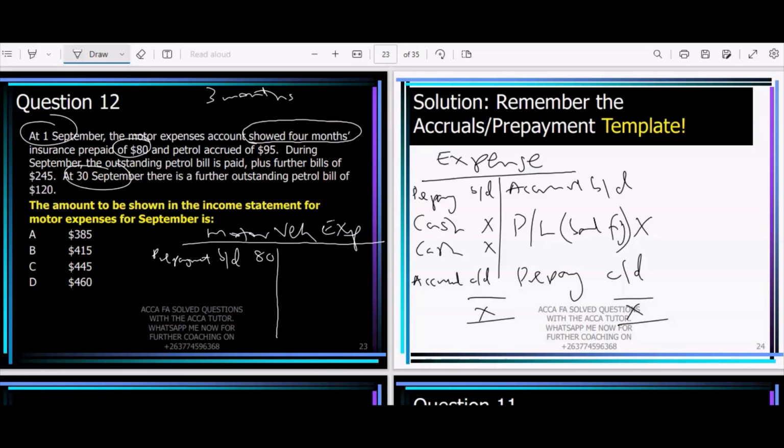If 4 months were worth $80, then 3 months would be 3/4 multiplied by 80. You can see that we are going to have $60. So the prepayment at the end of the month will be $60.